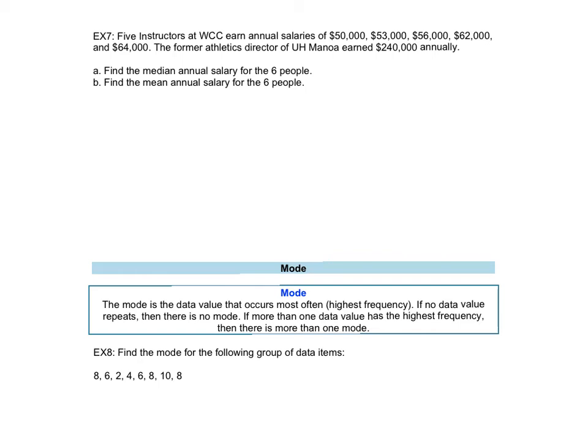So remember, the median says, and there's 6 of them, so there's going to be 2 middle ones. The median says if there's an even number, you take the 2 middle and you find their mean. These are organized in order, so the 2 middle should be the 56,000 and the 62,000.